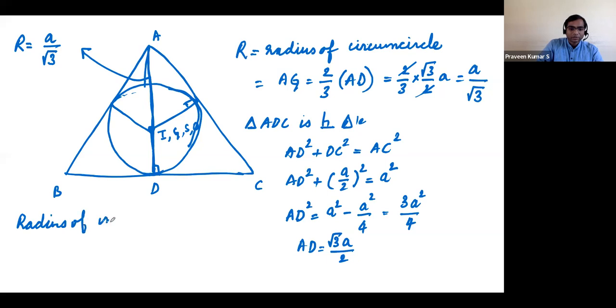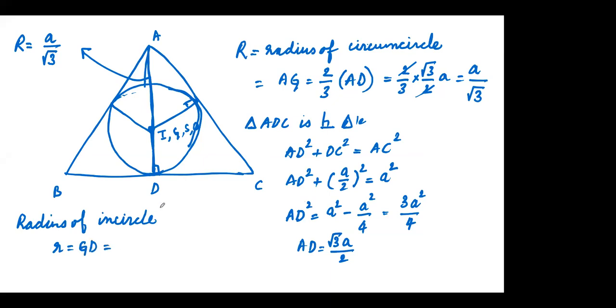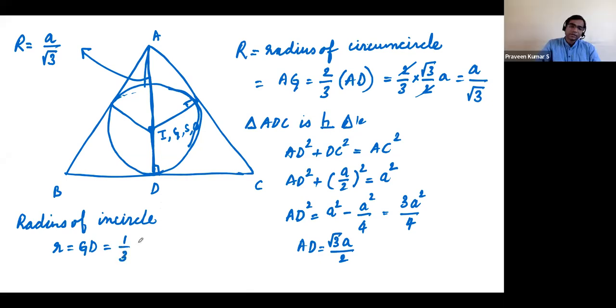Radius of incircle, small r, is equal to, can I write GD? Yes, 1/3 AD. So it will be 1/3 times AD. AD we already know, root 3 by 2 a.